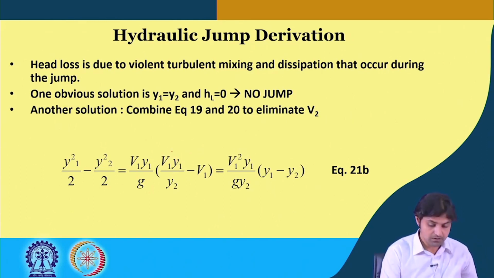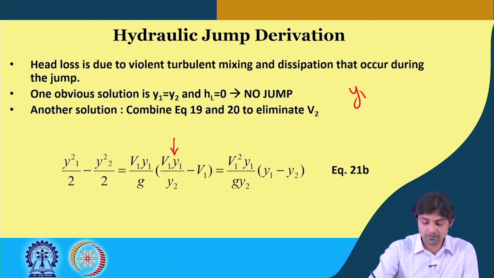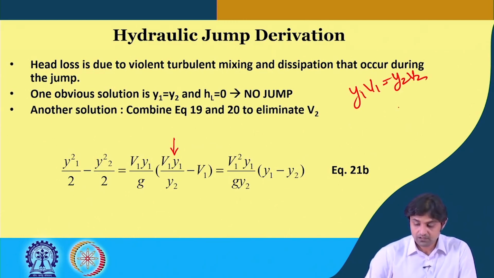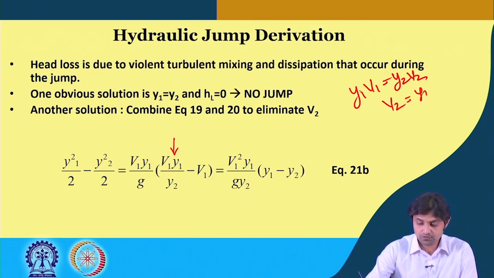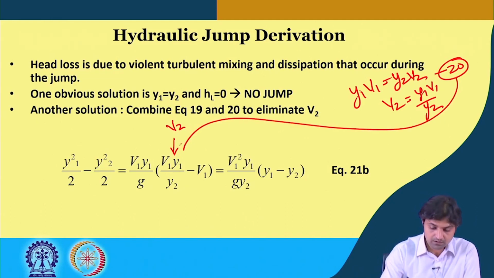Using the continuity equation that Y1 V1 is equal to Y2 V2, we have written V2 is equal to Y1 V1 by Y2. So, instead of V2, we have used equation number 20 here, and this will become, so we can take one V1 outside as well and Y2 also.